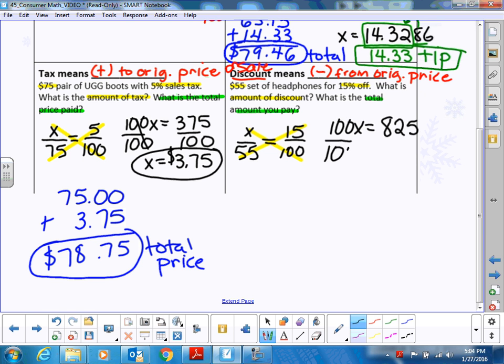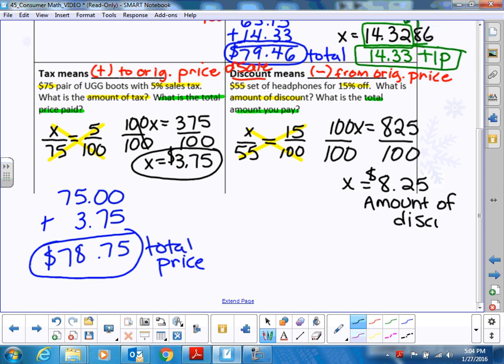Divide by 100. And x equals $8.25. That is your amount of discount. So that answers the first question.